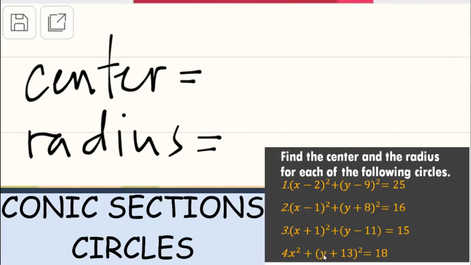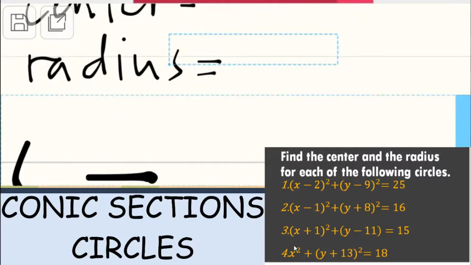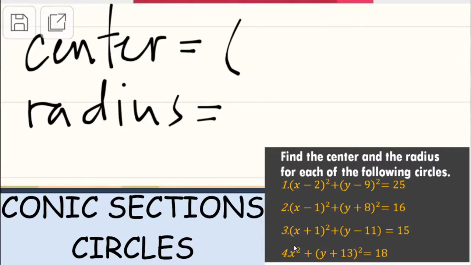And same here, pag y squared agad, the value is automatically 0. So, our h will be 0. And then, our k is the opposite of 13, and that is negative 13. And then, the radius is square root of 18.